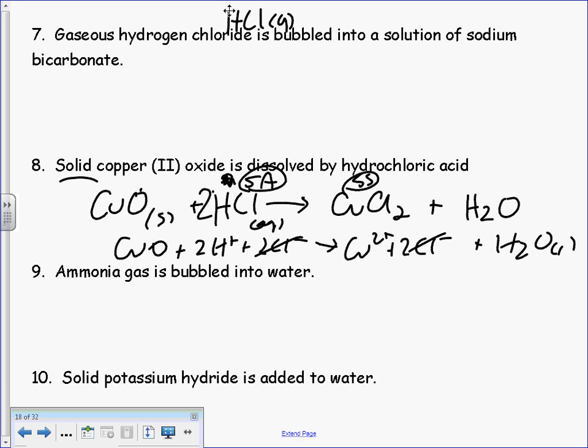Okay. Look at your 30 NIEs. It's in your packet. I'm pretty sure it just says 30 NIEs in the top. And no, it says AP Chemistry practice with NIEs and predicting products without redox. And it's got little questions underneath. Or if you see 1 through 30.